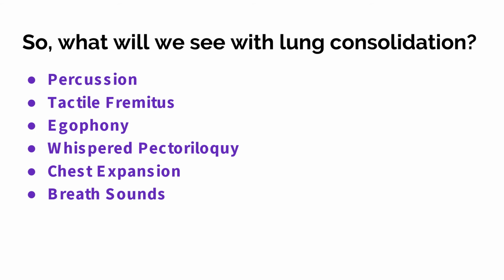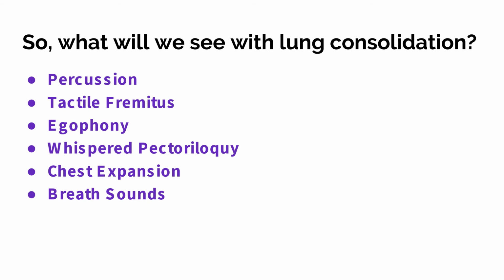If we see lung consolidation, then on percussion we should have decreased resonance. We should have increased tactile fremitus, increased egophony, and increased whispered pectoriloquy. It should be higher pitched.